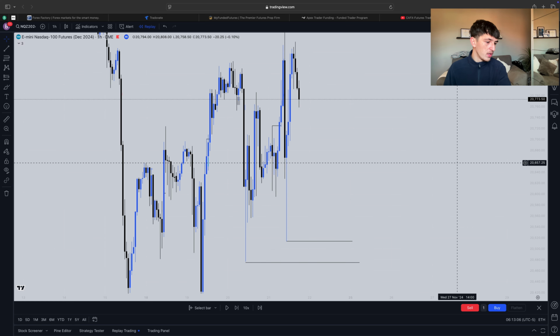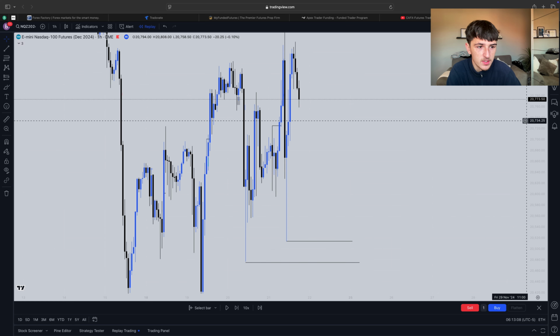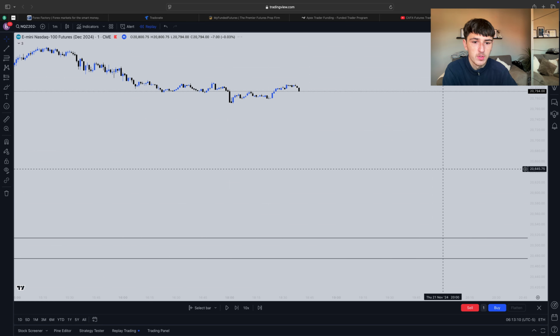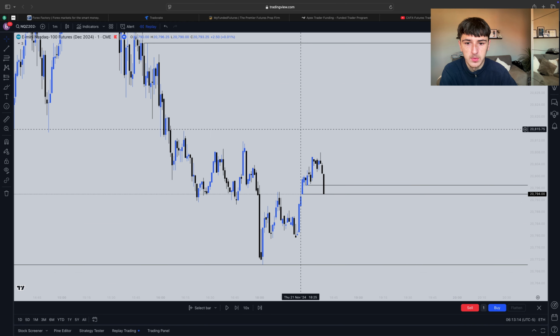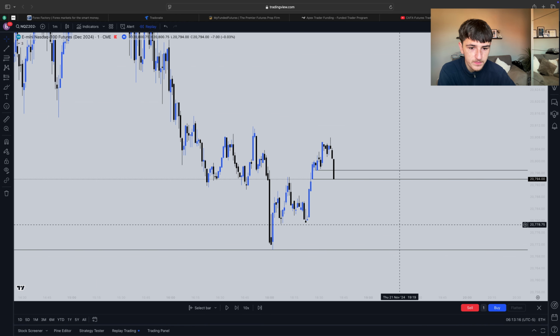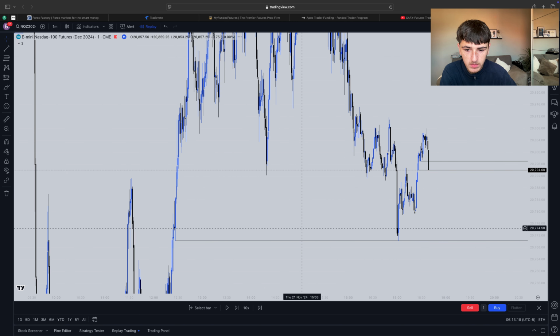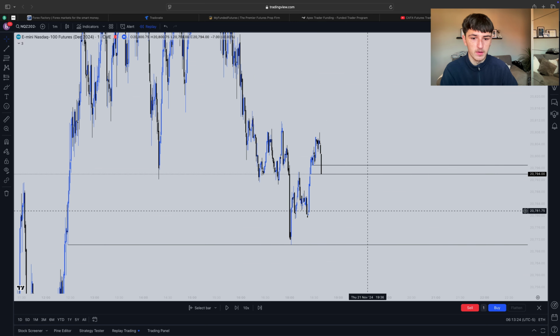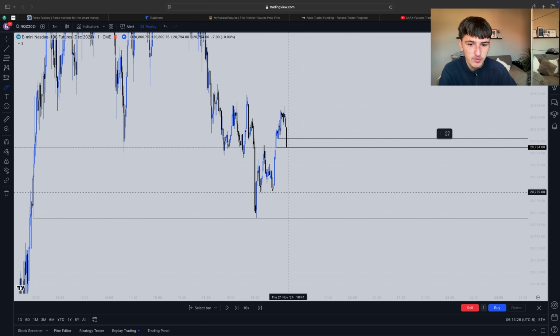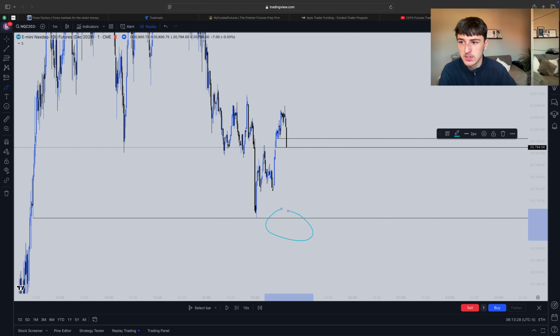So what I use these for is a strong draw on liquidity. If we drop down to the 1 minute now, you'll see a lot more, because on the 1 minute there are going to be a lot more equal highs and lows. You'll see here now that the indicator has identified that we have equal lows at 2770.25. So if I was looking for a position here, I would be looking to target these equal lows, as it's like a magnet on price.